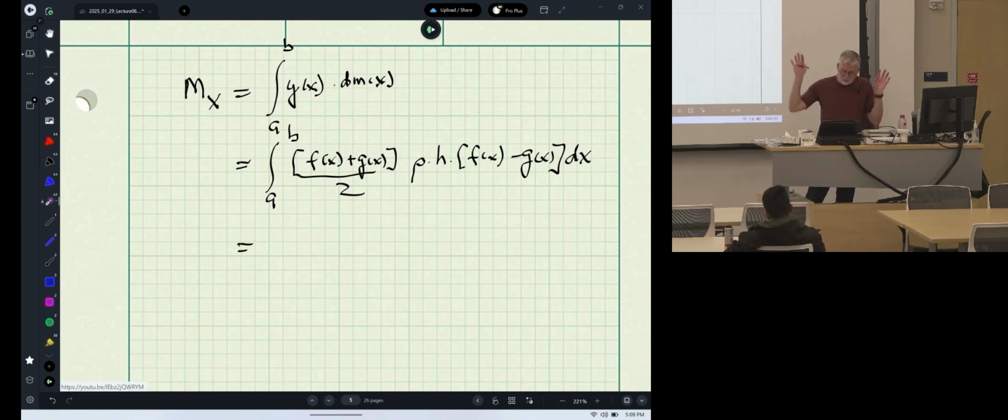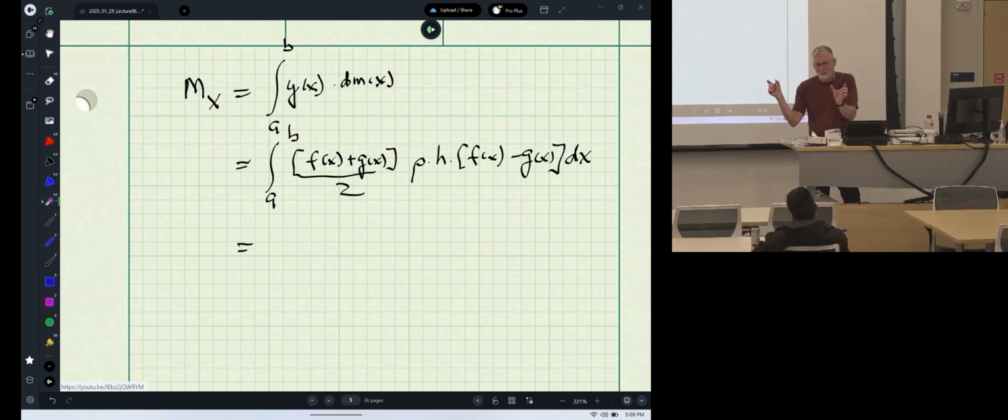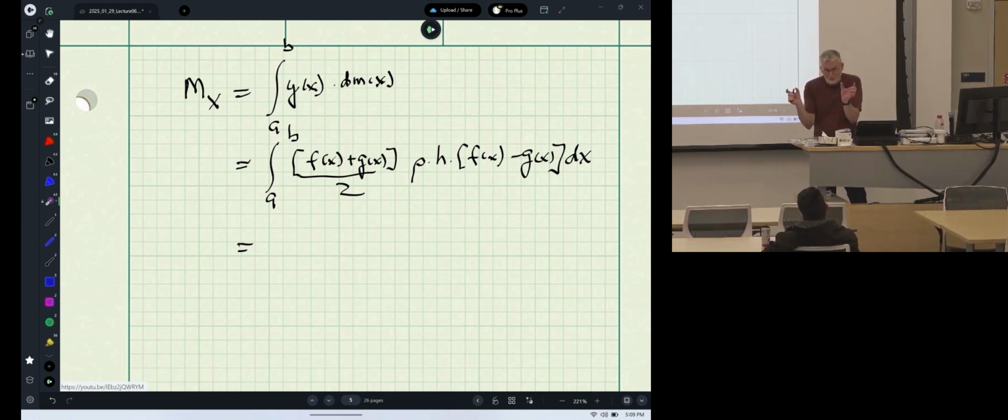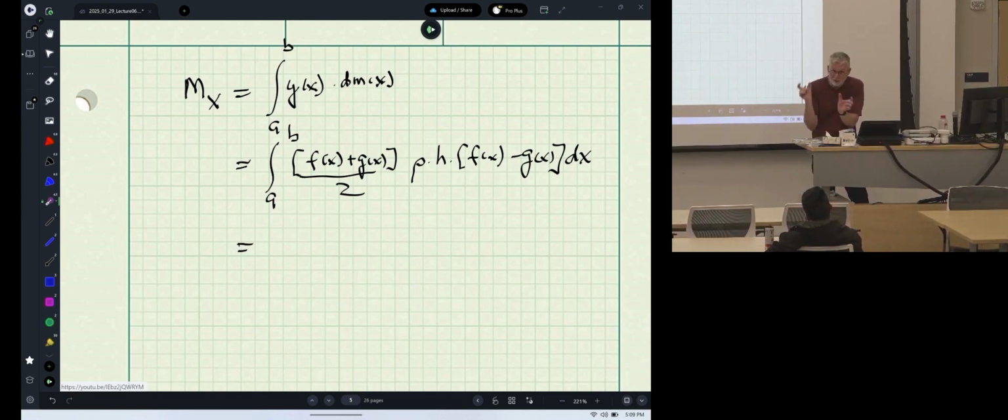Okay, so call this alpha, beta in your mind. So you have alpha plus beta times alpha minus beta. What does that equal? x plus y times x minus y, if you prefer, is x squared minus y squared.